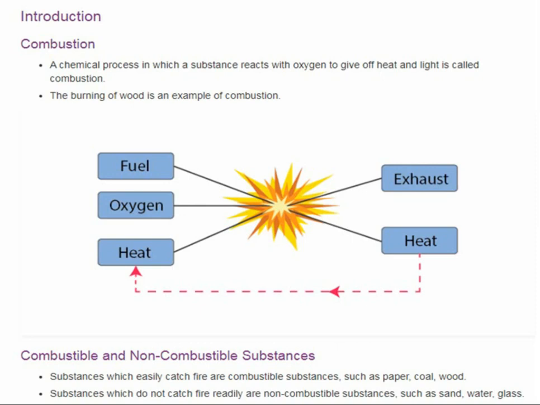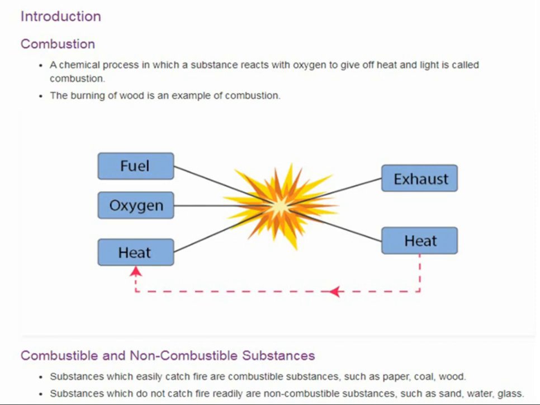Now, for example, we have burning of wood. Burning of wood doesn't produce flame, but it produces both heat and light, so it is combustible. And one more example is petroleum. It also gives off heat and light and also produces flame.